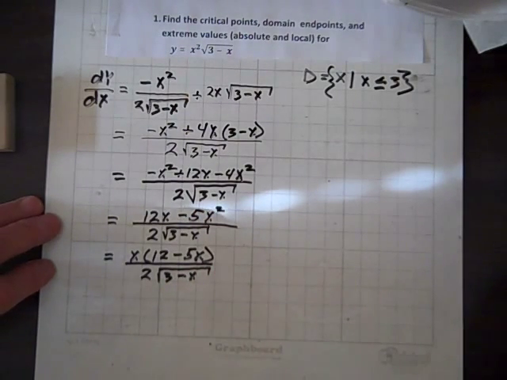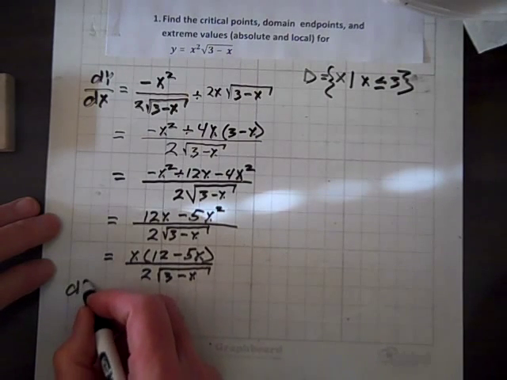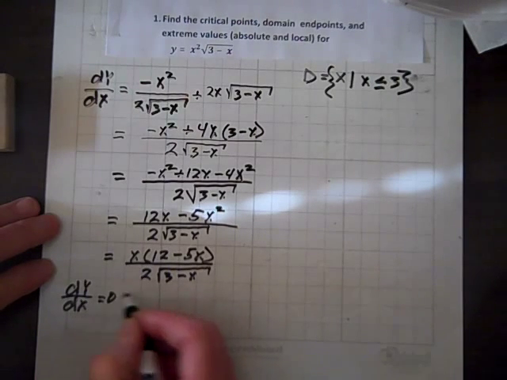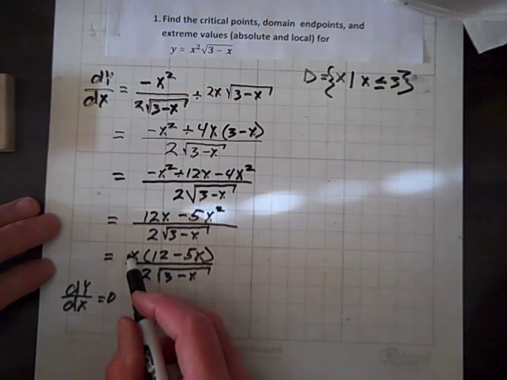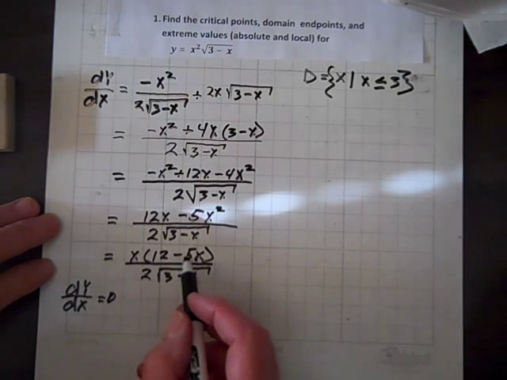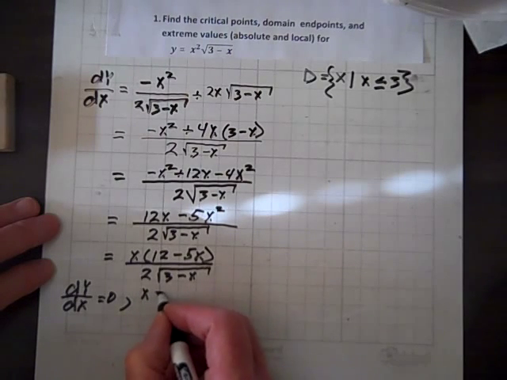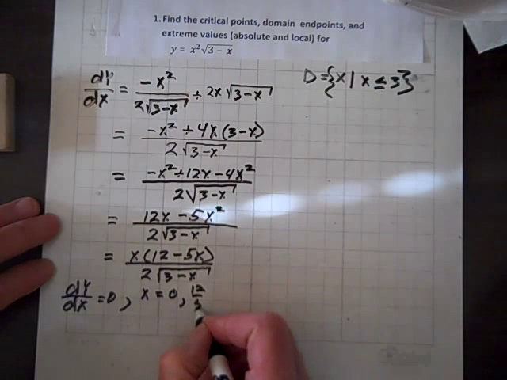Now we have to set that dy/dx equal to 0 and solve to find the critical points. Well, will you agree the values of x that will take this to 0 are x equals 0 or 12 over 5.